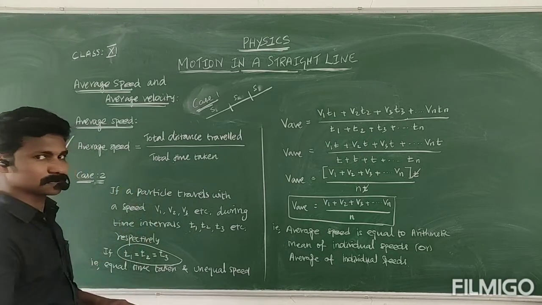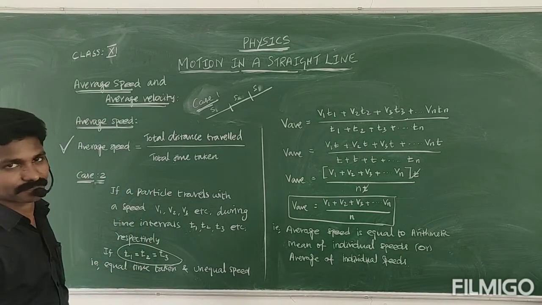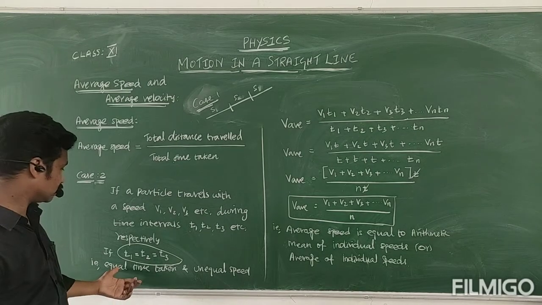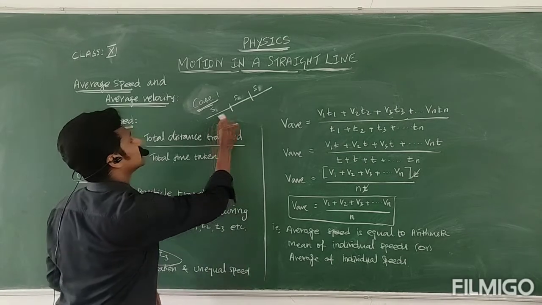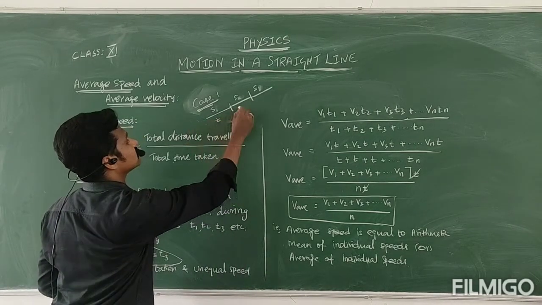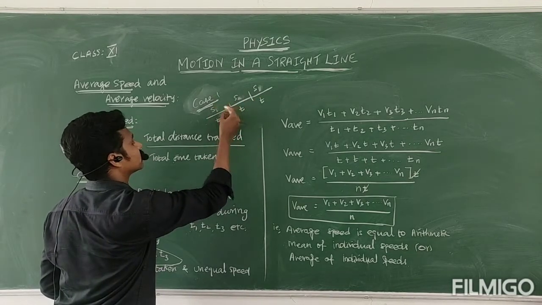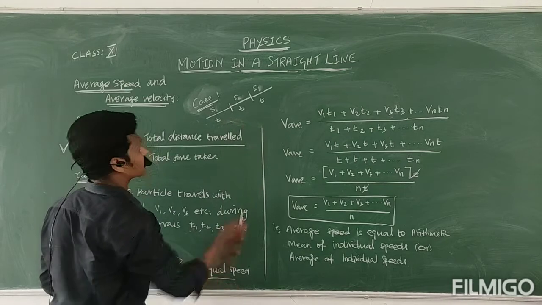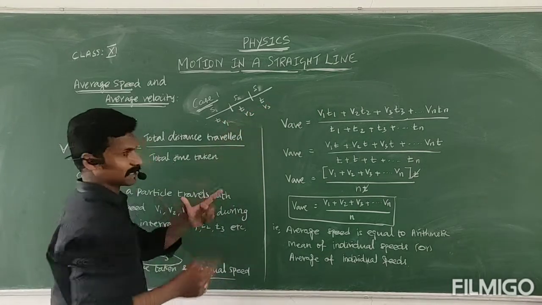But now, it is equal time taken but unequal speed. So the covering time is the same t here, also same t, same t. So the distance will vary because of unequal speed. Here v1 speed, here v2 speed, here v3 speed, for the same time.